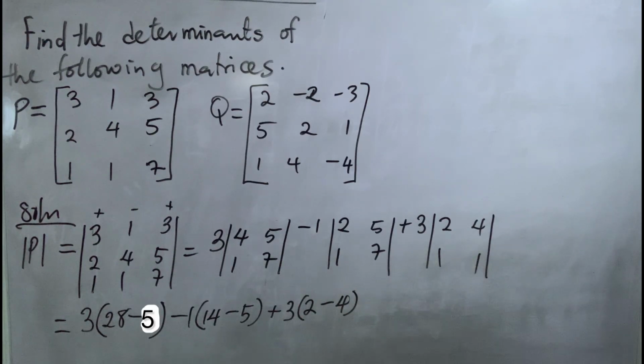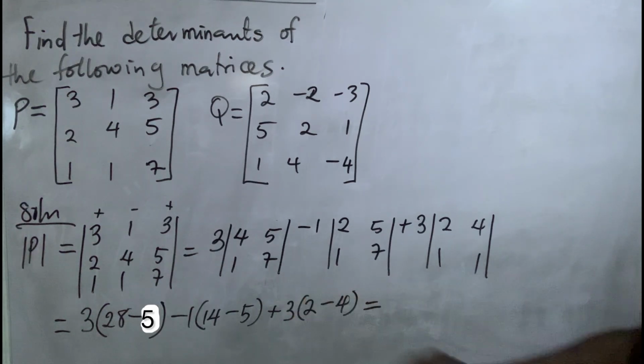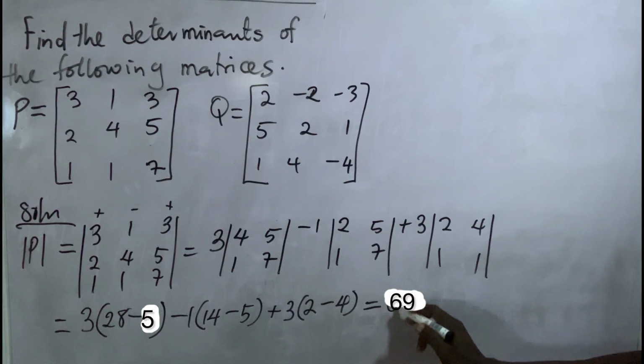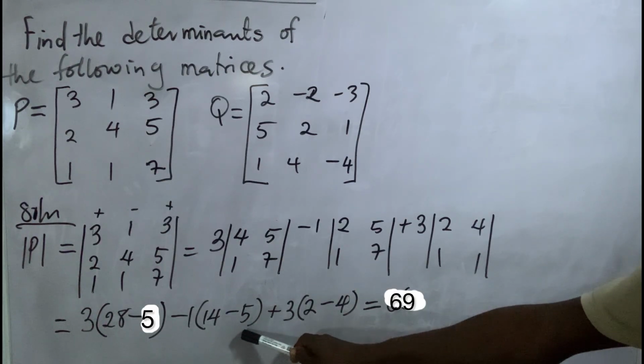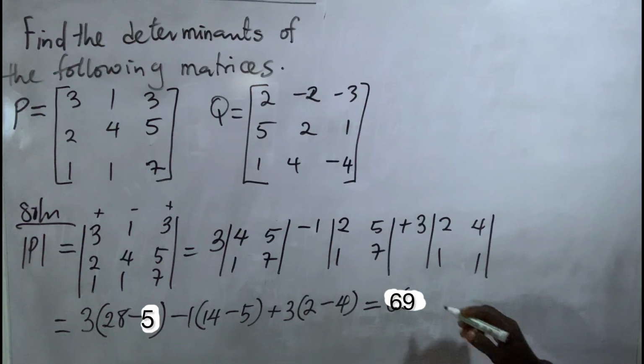Okay? So now if we're going to simplify this, we're going to have 28 minus 5, 23. 23 times the 3 outside the bracket gives us 69. So 69. Go to the next bracket. 14 minus 5 is 9. 9 times minus 1 is minus 9.